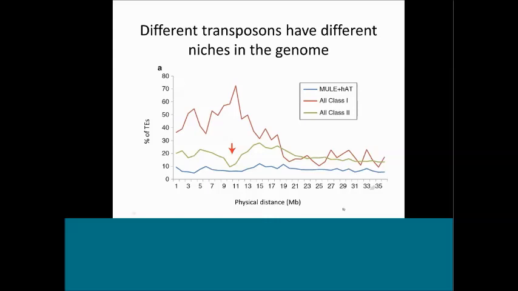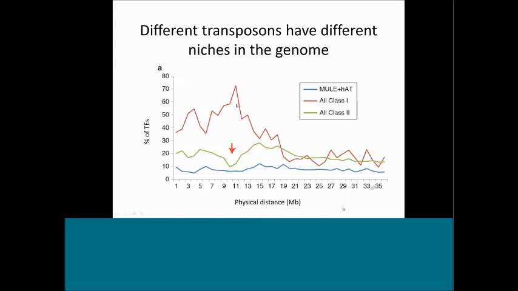So here again is the rice chromosome. This is rice chromosome 1. This is the physical distance from the end of the chromosome. Here, the red arrow indicates the position of the centromere. The red line indicates the abundance of class 1 transposons.